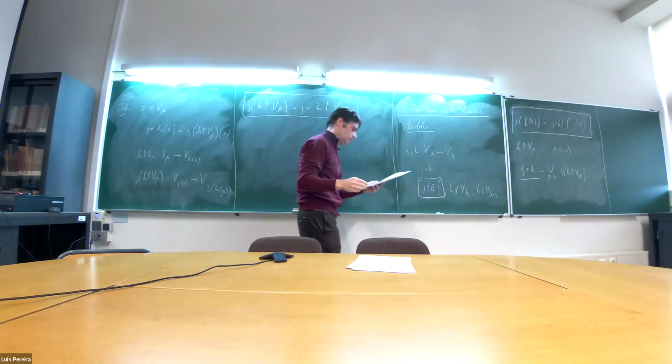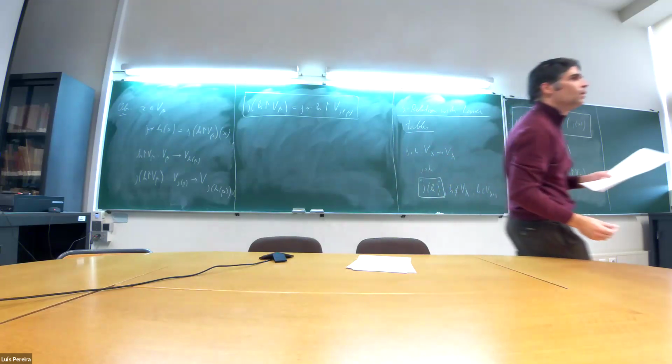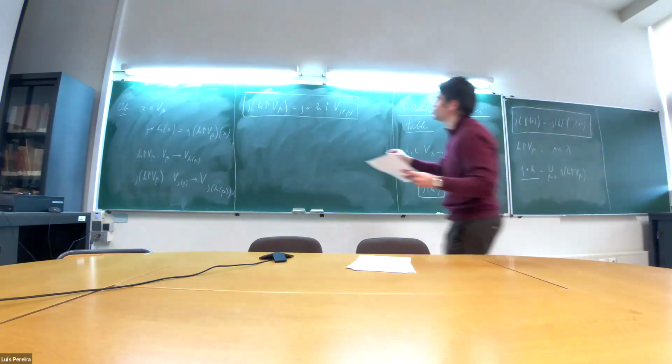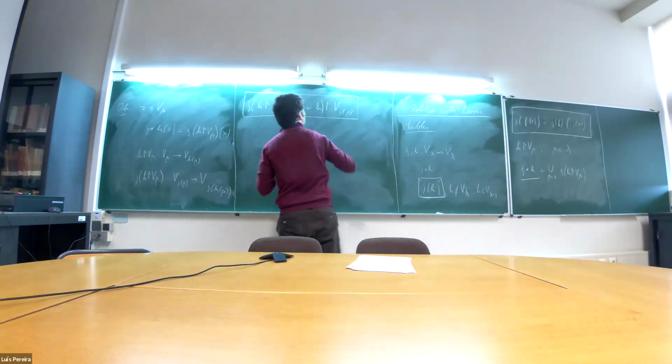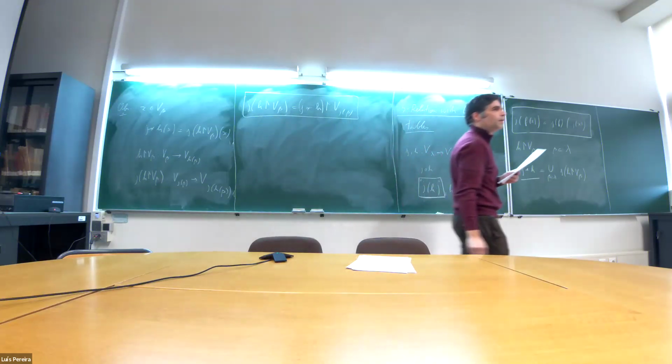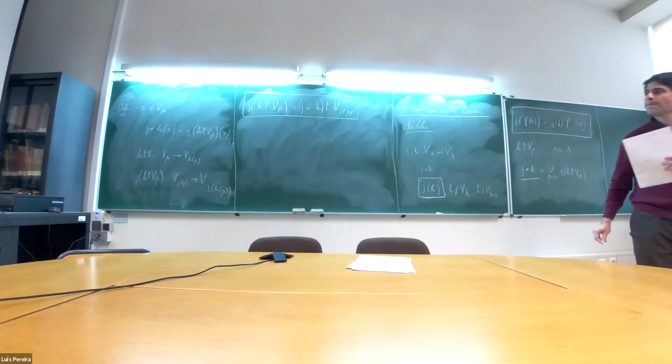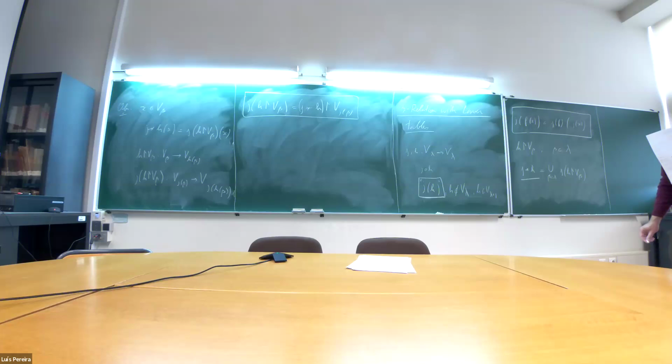Is the restriction on the A? Sorry, what is the restriction? Let me see. So J star H of X, where X is in V beta.